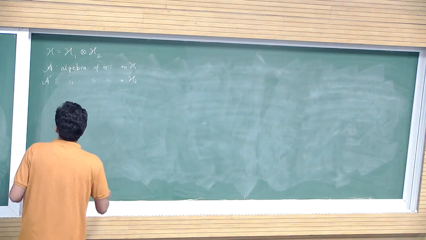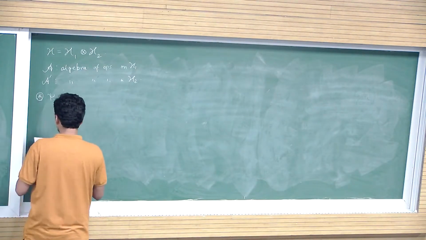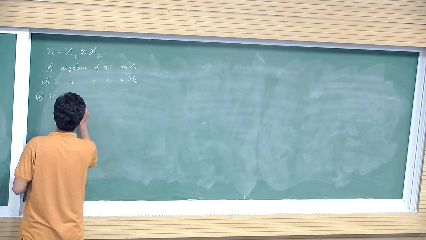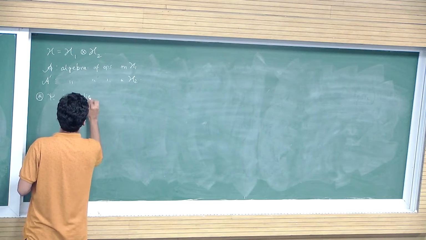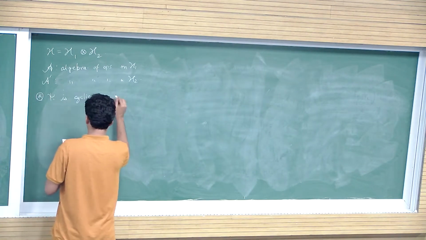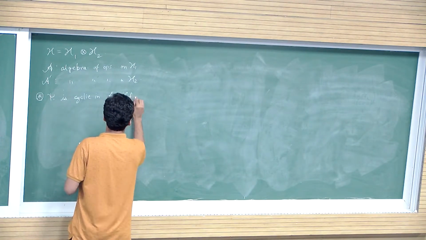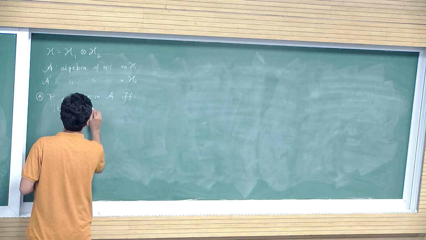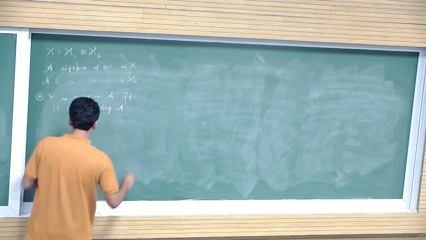Now, as you can recall, a vector in H is cyclic in H1, or in A, if and only if it is separating in the commutant A prime.